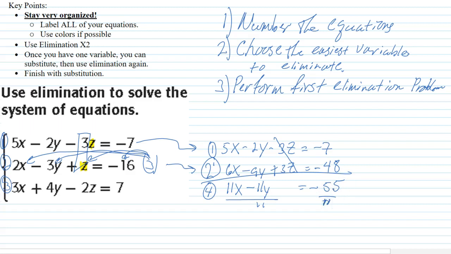That means the 11s are going to cancel out. So our equation 4 prime is going to be 11 divided by 11, simply x minus y is equal to negative 5. So equation 4 prime: x minus y equals negative 5. Again, we can't always simplify, but if you can, definitely do that.